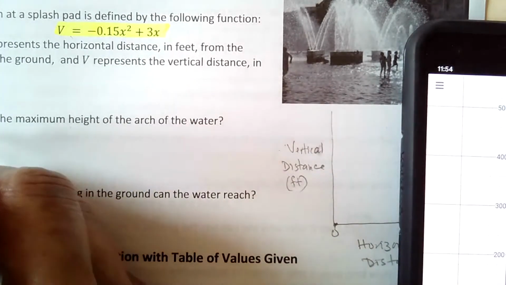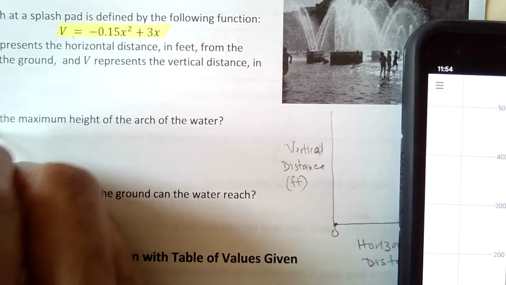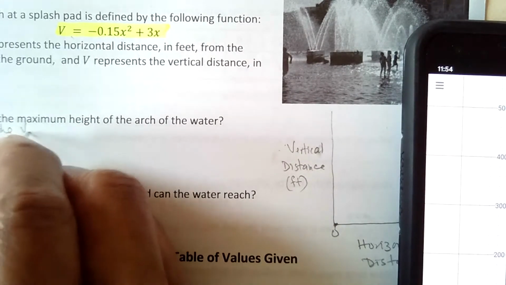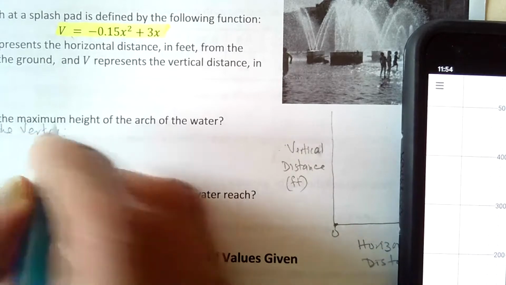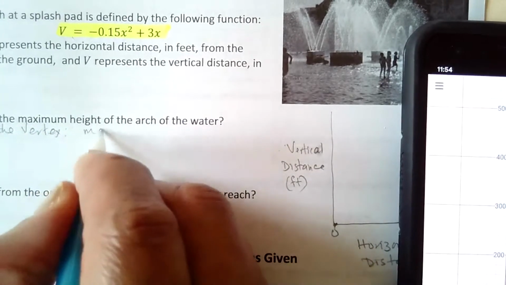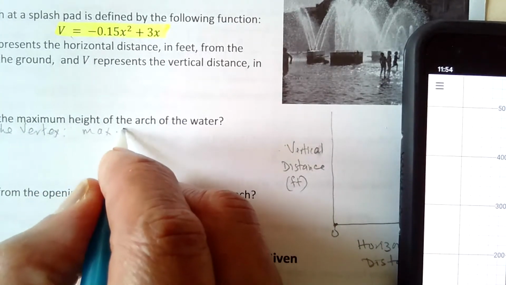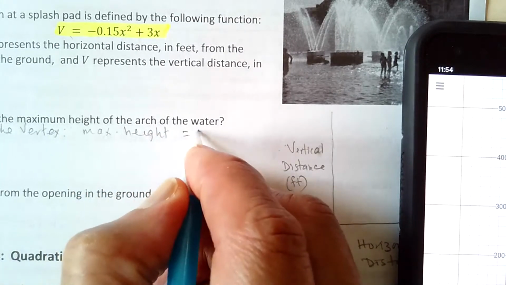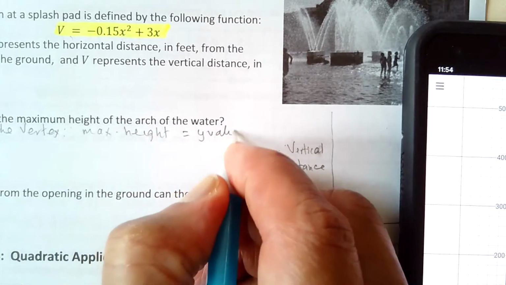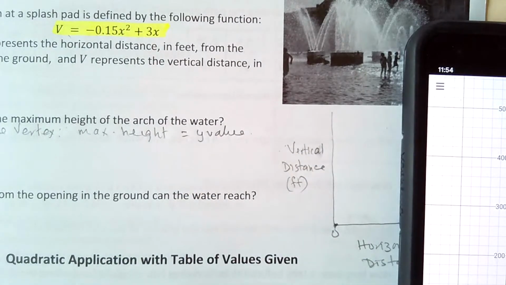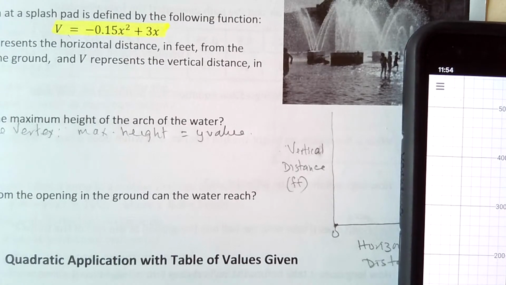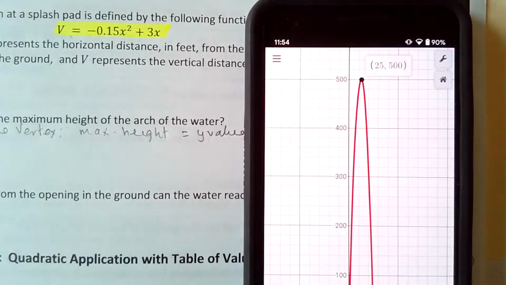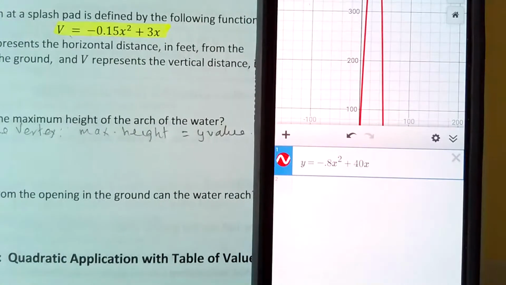So here we need to find the vertex, and this will give you the maximum height. The y value is the y value of the vertex, the maximum height. Okay. So let's go back.